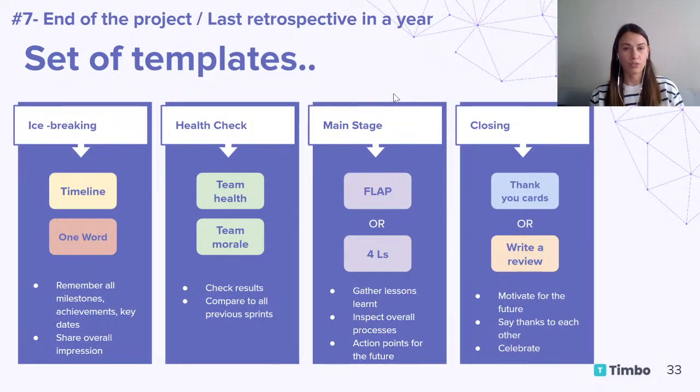So to look at the structure of your end of project retro, you can start with a timeline, you can start with one word, you can check health, and for the closing, something to celebrate, to motivate, to say thanks to each other. Probably you'd like to open a bottle of champagne or give some small presents to the team, so that they feel that it was all great and they have only positive things about the process.